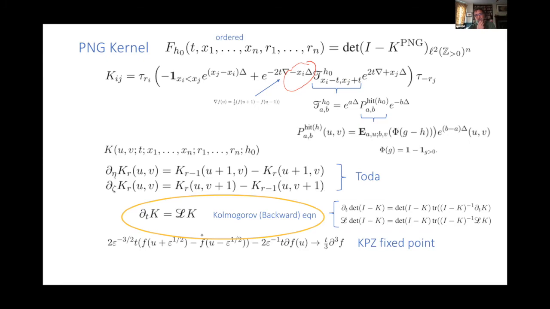In fact, if I didn't use the symmetric version in the construction of the P's or the T's or the K, what you'll just get is a conjugation of K by multiplication operators, which is allowed to deconjugate under L2 of Z positive. So it doesn't matter. The determinant turns out to be the same.